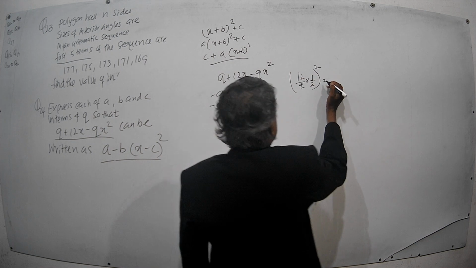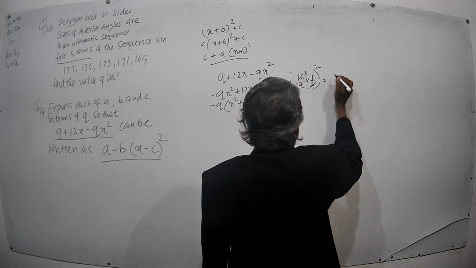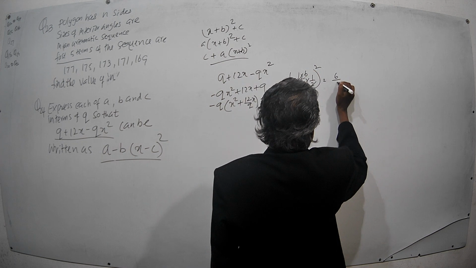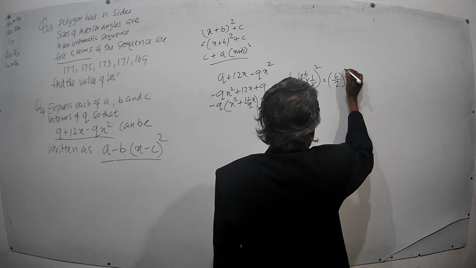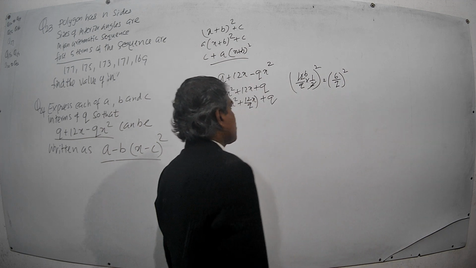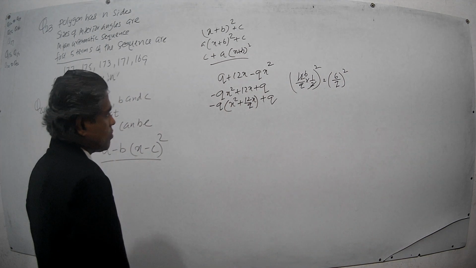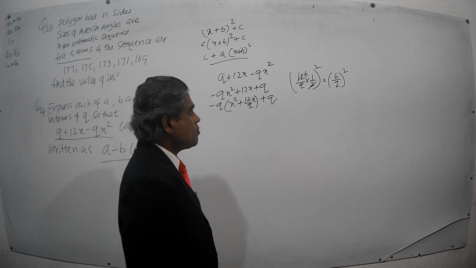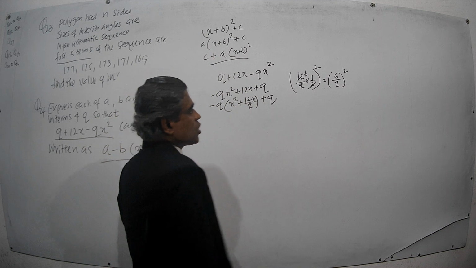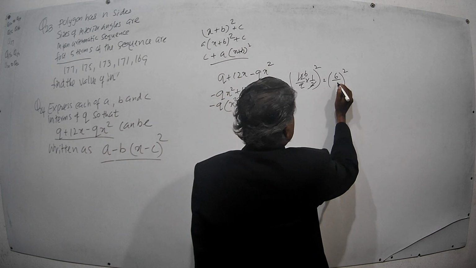Here it is 6 over q. Then 6 over q, the whole thing squared.